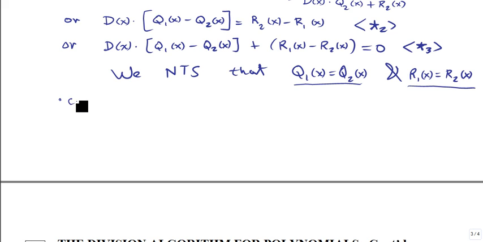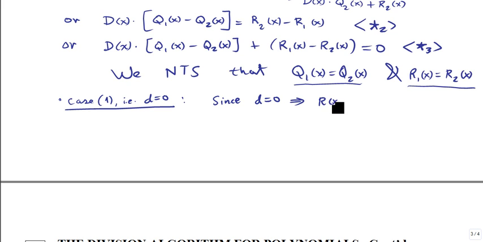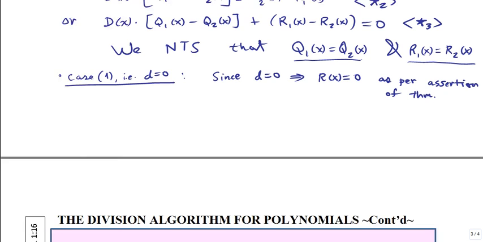As we did before, I have a case 1, i.e. d is 0. That means that the degree of the divisor is 0. Since the degree of the divisor is 0, I can say that the remainder polynomial has to be 0 as per assertion of the theorem. Let's remind ourselves what the theorem was asserting.